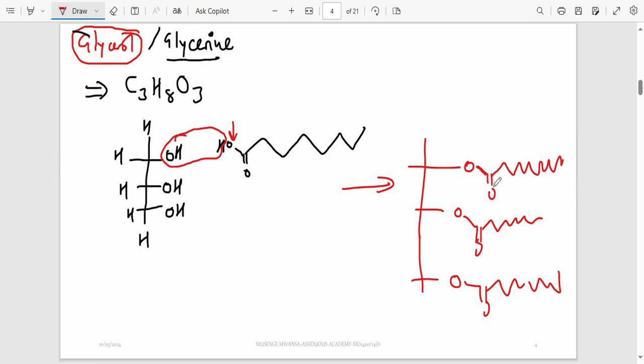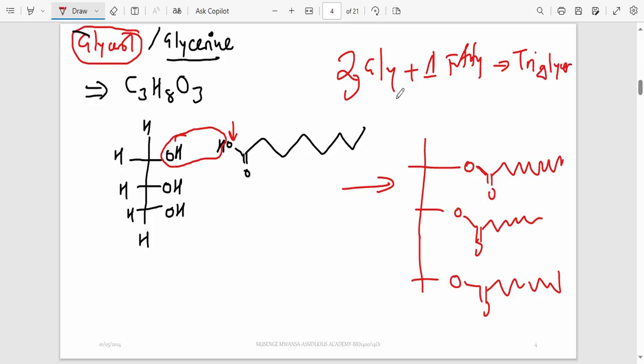Depending on how many fatty acids, because in multiple choice you are going to see some questions. Imagine you saw a question which said 3 glycerols plus 1 fatty acid is equal to triglyceride.